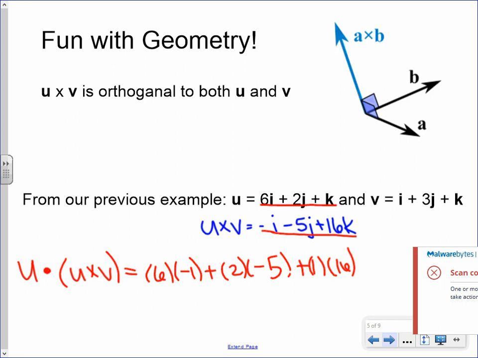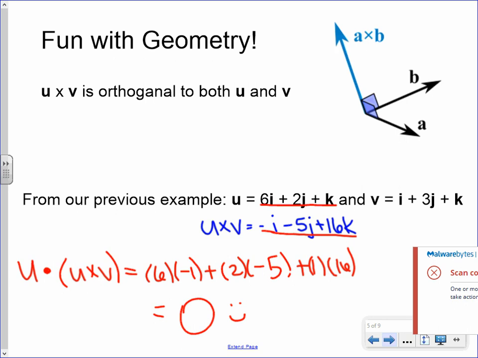We have negative 6 plus negative 10 plus 16. We have just verified that U is in fact perpendicular to U cross V. We could do the same thing with V, making sure it's perpendicular to U cross V by taking the dot product and showing that it's 0. But I'm going to tell you right now, it's going to happen every time. It's always going to be perpendicular.